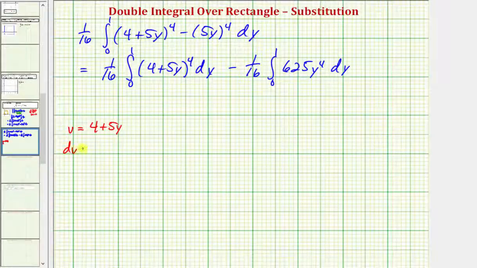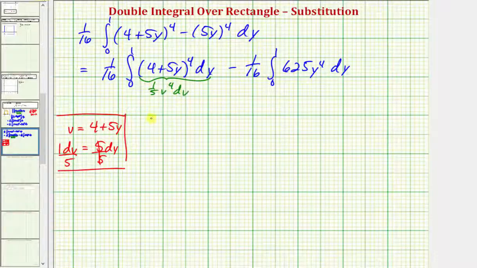Therefore, differential v would be equal to the derivative of 4 plus 5y with respect to y times differential y, which would be 5 dy. Dividing both sides by 5, notice how 1/5 dv is equal to dy. So in terms of v, this would be v to the fourth, and then dy again is 1/5 dv.